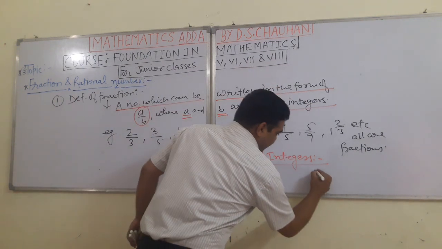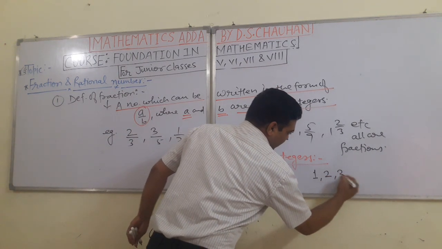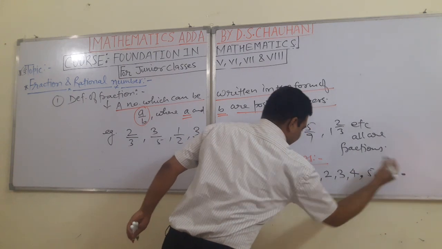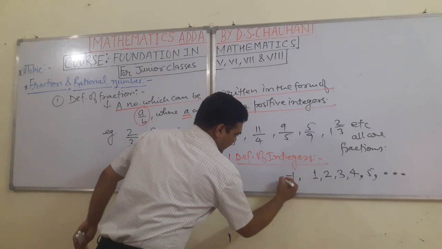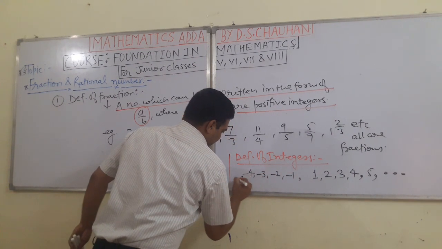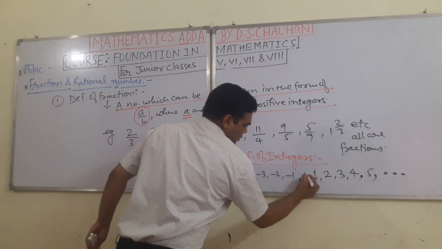So this is the collection of all counting numbers like 1, 2, 3, 4, 5, and so on, their negatives like -1, -2, -3, -4, and so on, including 0.